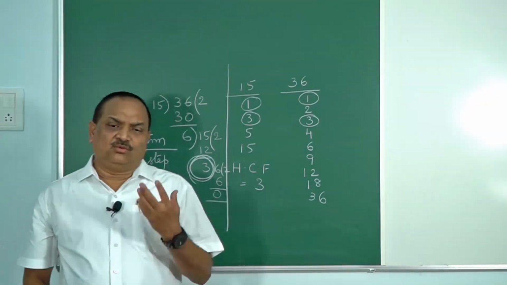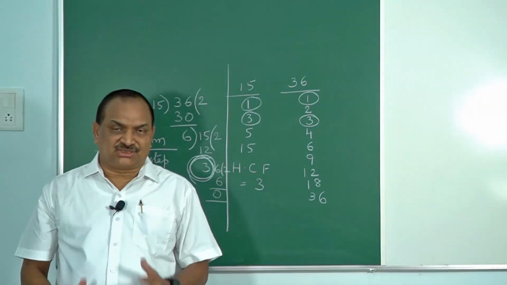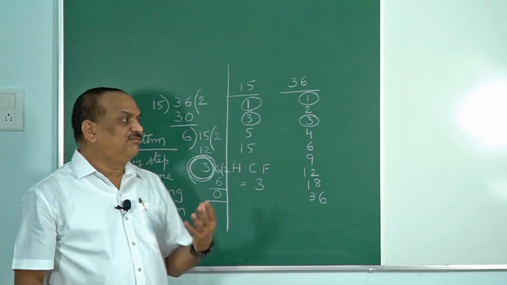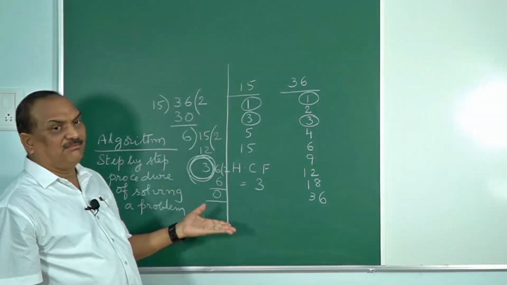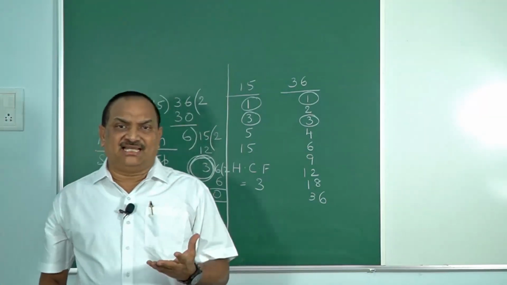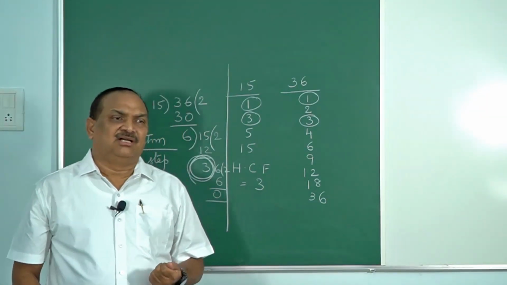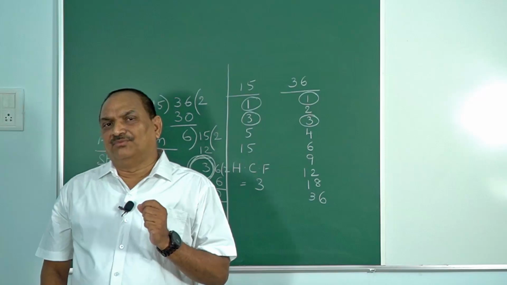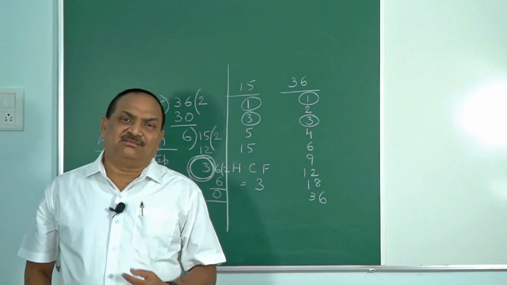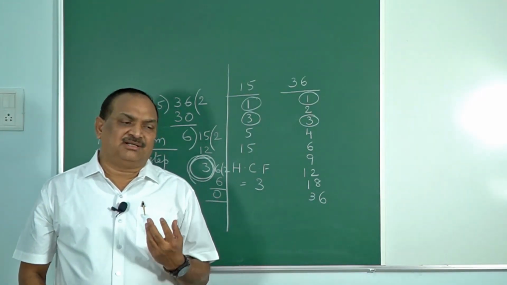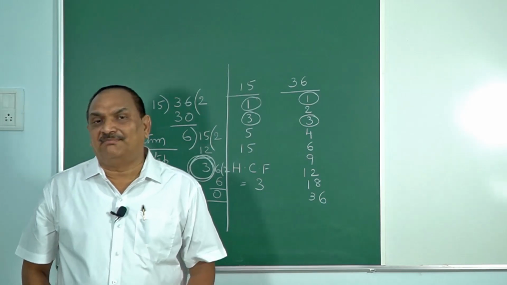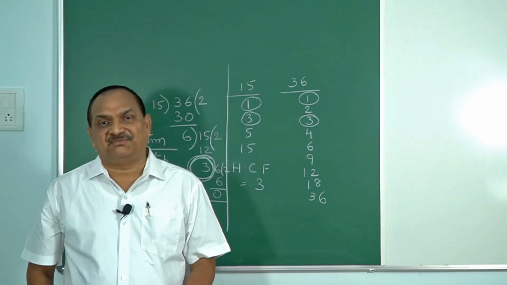So we want to find out a procedure for how we can find the HCF of two numbers, and we are trying to generalize that. We are going to write this procedure. Now algorithm is a term that comes from an Arab mathematician, Al-Khwarizmi.